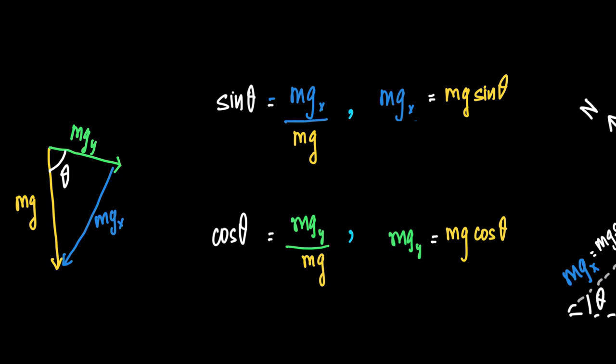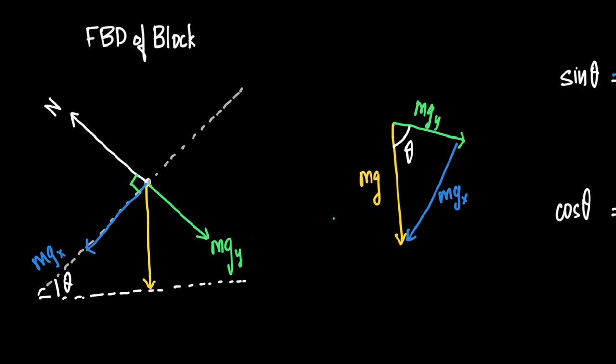Now, if you consider the weight and the component vectors as a triangle, we have theta, mg, mgy, and mgx. From this triangle, what is sine theta? Sine theta would be opposite, which is mgx, by hypotenuse. Let me just check the angles one more time.